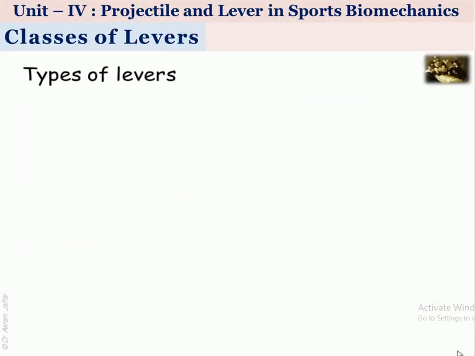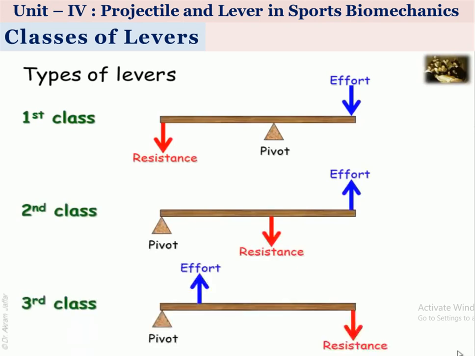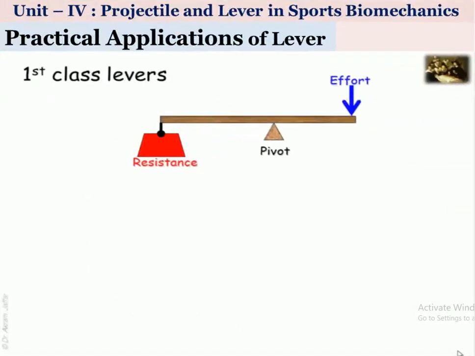Levers are of three classes: first class, second class, and third class, and each class serves a specific function. In first class levers, the pivot or the fulcrum is located between the effort and resistance.